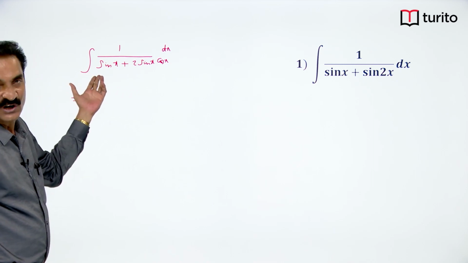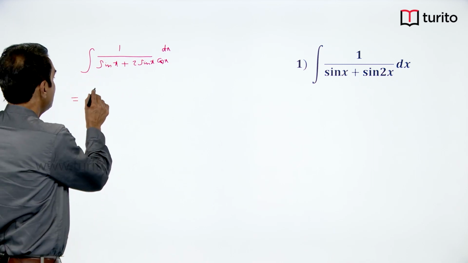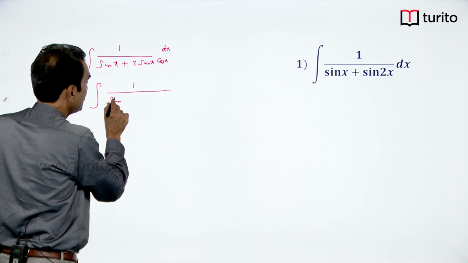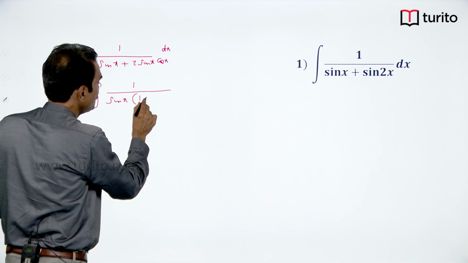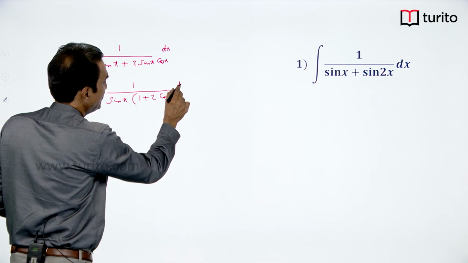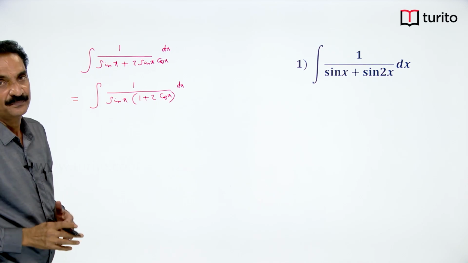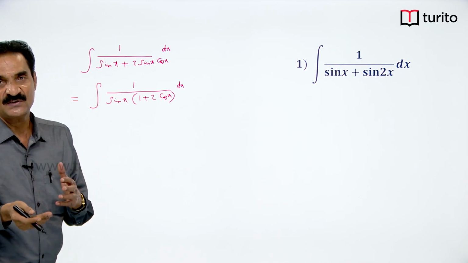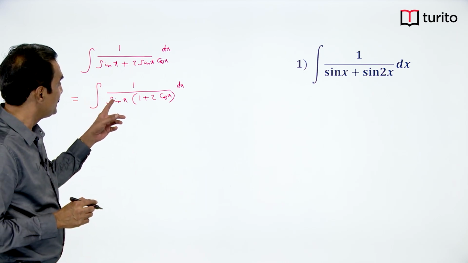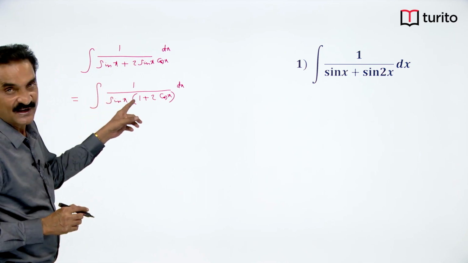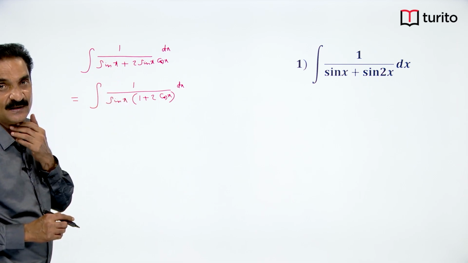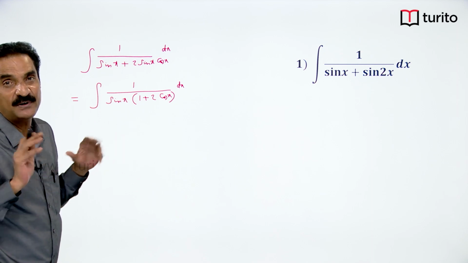Now take sin x common from the denominator, you will get 1 upon sin x into 1 plus 2 cos x. Now you know that derivative of sin x is cos x, derivative of cos x is minus sin x. So if you have cos x in numerator, you can put sin x is equal to t. If you have sin x in numerator, you can put cos x is equal to t. But denominator should be completely in terms of t.